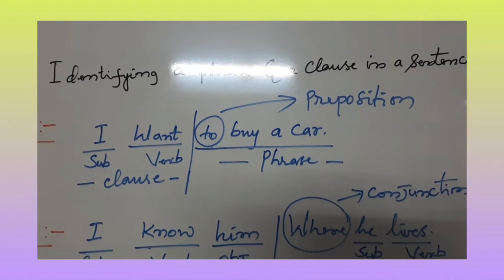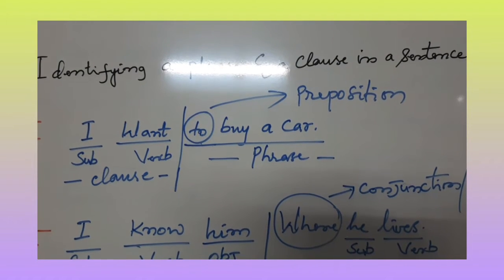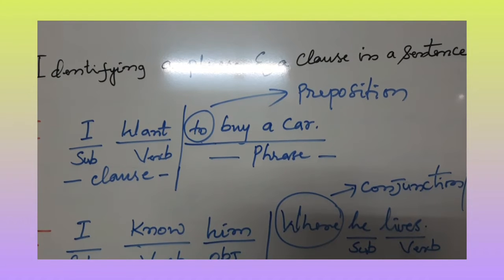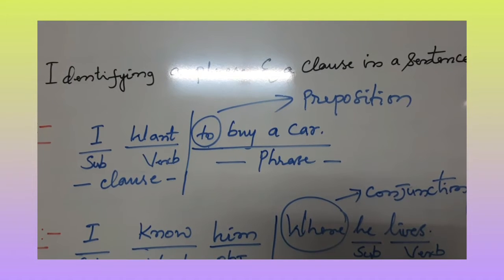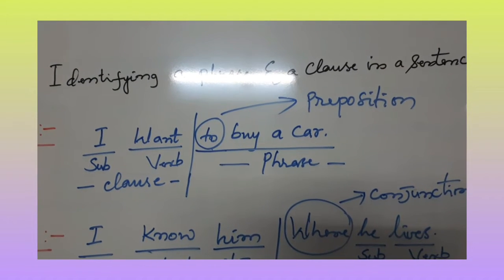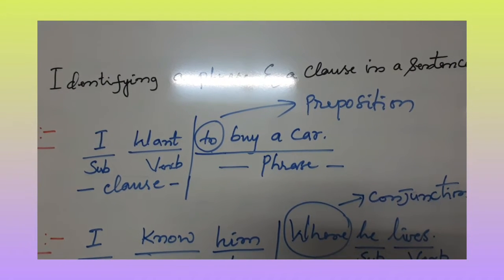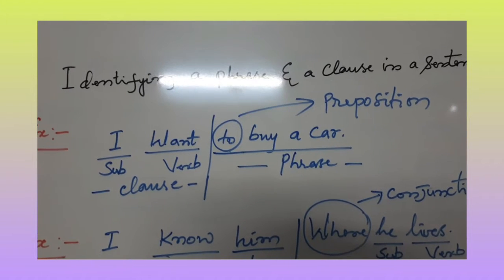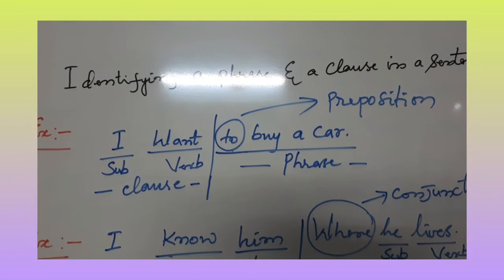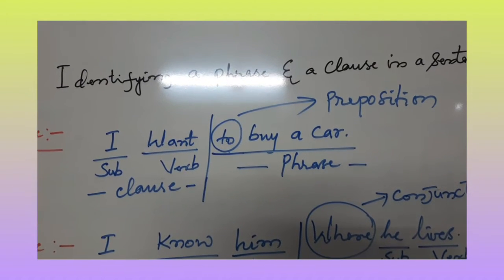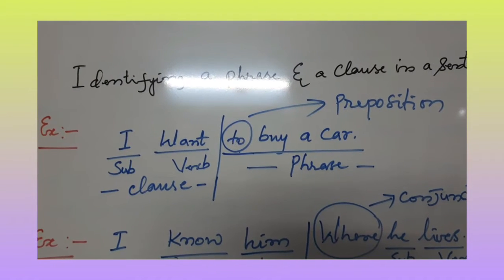And of course, it begins with a preposition. So it is a group of words standing together as a conceptual unit, typically forming a component of a clause. So this rule satisfies the phrase. With this we can say that subject and verb cannot be observed in a phrase. Subject and verb can be observed in a clause.